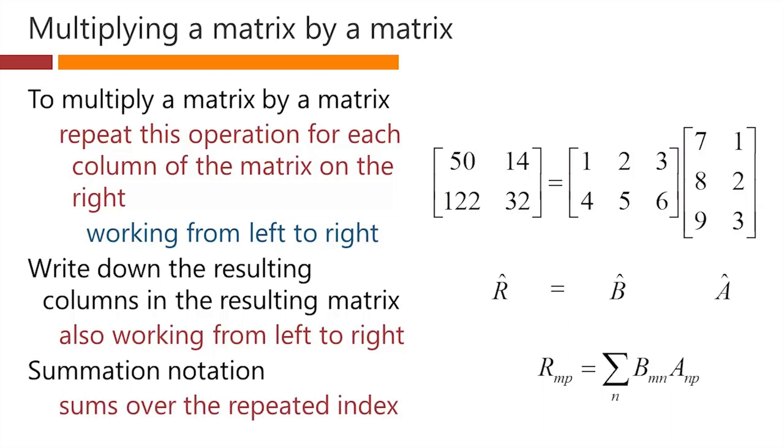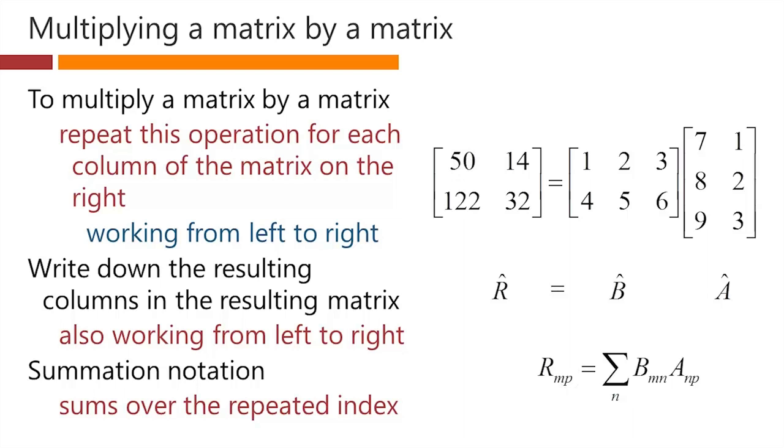Again, we can write this algebraically. Here is our result matrix equal to matrix B multiplying matrix A. We call this matrix A, this is matrix B. And in summation notation, we get something exactly analogous to what we just got for the matrix vector multiplication. We're looking here at the mth element of this matrix. So for example, for m equals 1 and p equals 1, that's this element here.